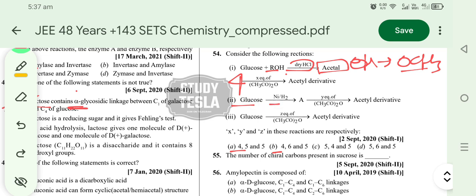It has one extra hydroxy, so it has a total of six hydroxy groups, and with acetic anhydride gives hexaacetyl derivative. Next option: glucose with an equivalent of acetic anhydride gives acetyl derivative. Generally, glucose contains 5 hydroxy groups, so it gives pentaacetyl derivative, present in B.